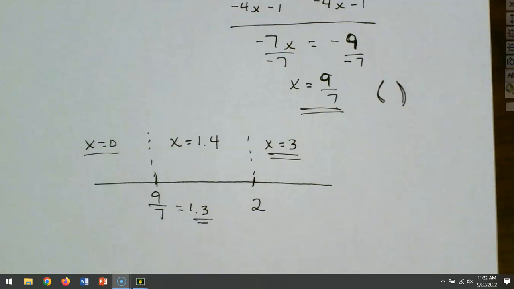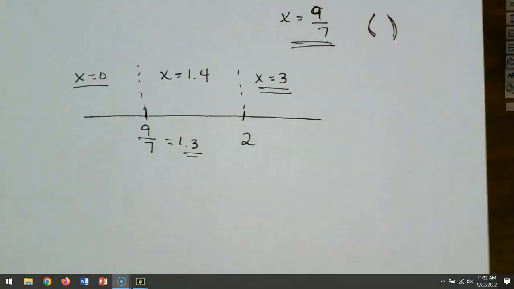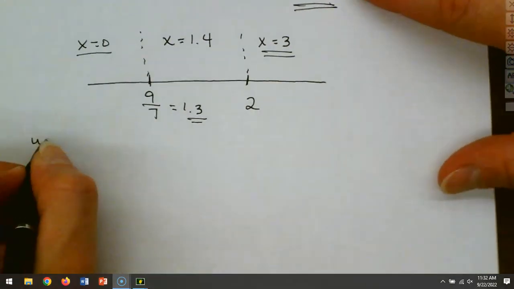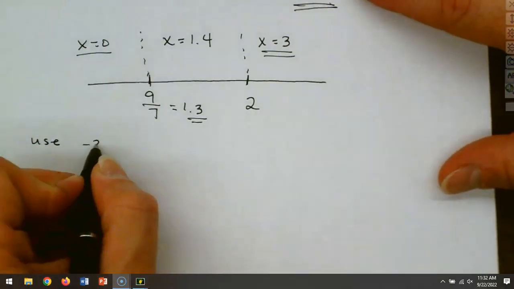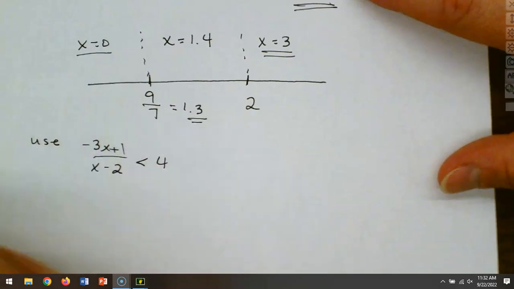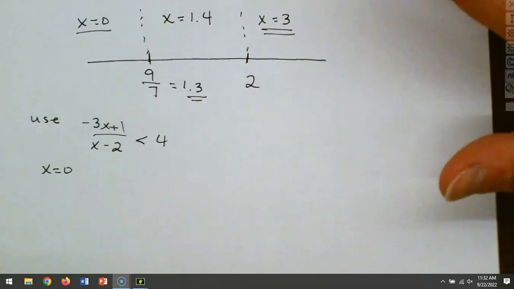Now we'll check these back in our original. So let's go ahead and check them in the original. So we're going to have to use now minus 3x plus 1 over x minus 2 is less than that 4. And we're going to start with 0. Okay, 0 is pretty easy to work through.